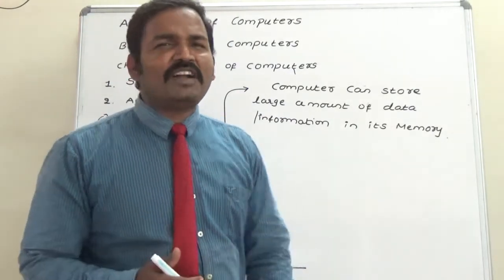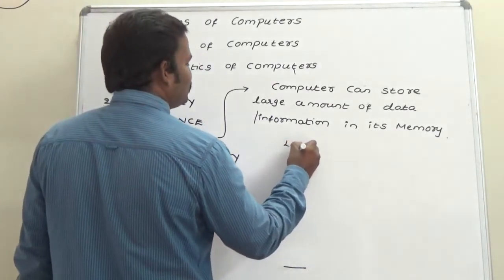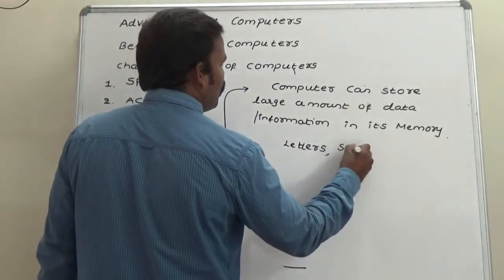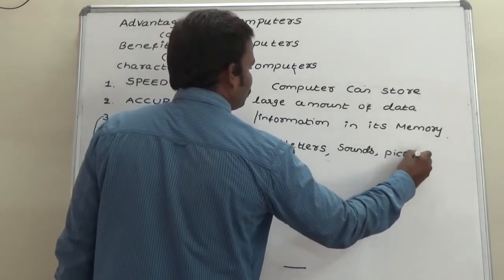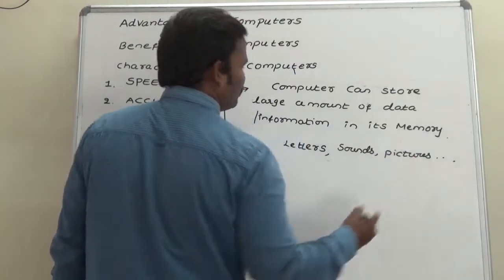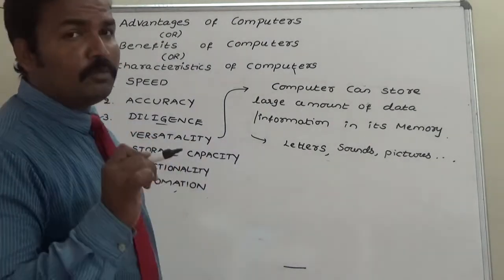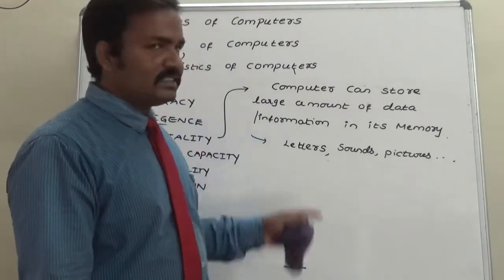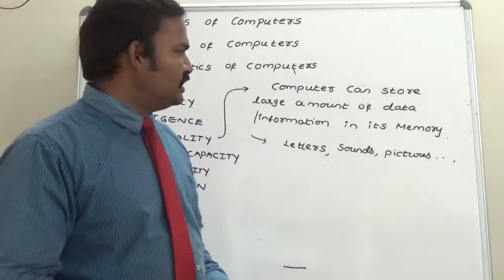Any type of data means it stores letters, sounds, pictures, etc. Letters are nothing but alphabets, and digits like that.